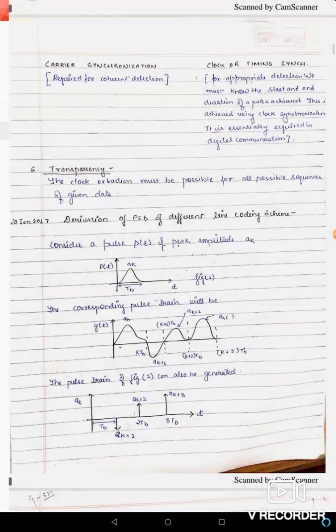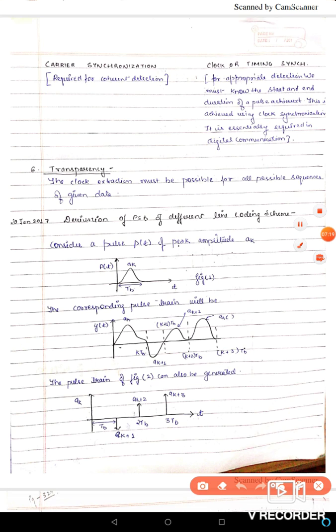The next important property is transparency. Transparency means the clock extraction must be possible for all sequences, that is, it must be independent of the sequence. If my sequence is 1 1 1, then also I must be able to get the clock content.